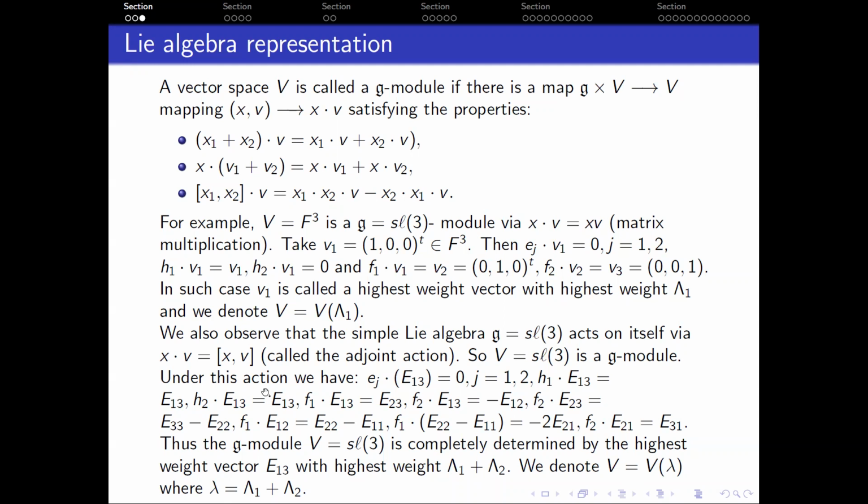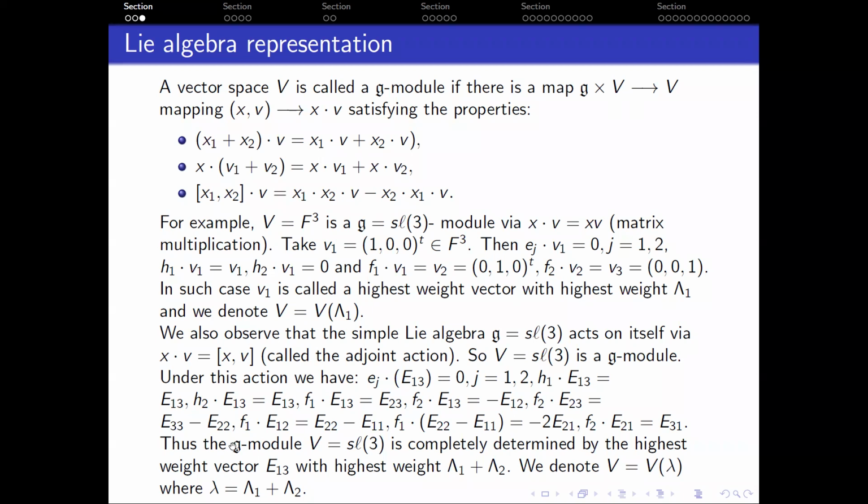And if we let H1 act on E13, we get E13. And H2 on E13 is also E13. So it's a 1. That means that the highest weight vector E13 has weight lambda 1 plus lambda 2.